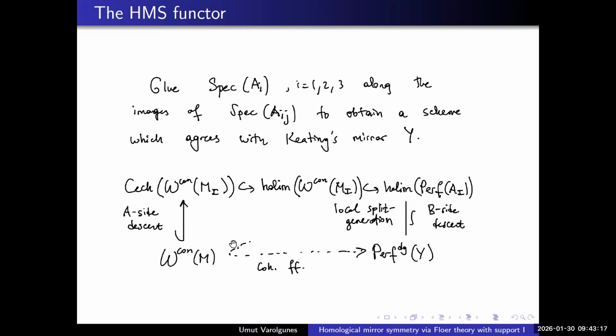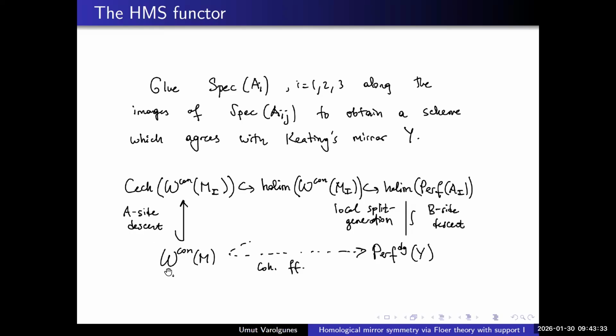So this is a construction of the manifest HMS functor that I keep talking about. So in Dan's case, if you didn't have to glue anything, you just have this restricted Yoneda functor. In this gluing case, you need to do a little bit more.